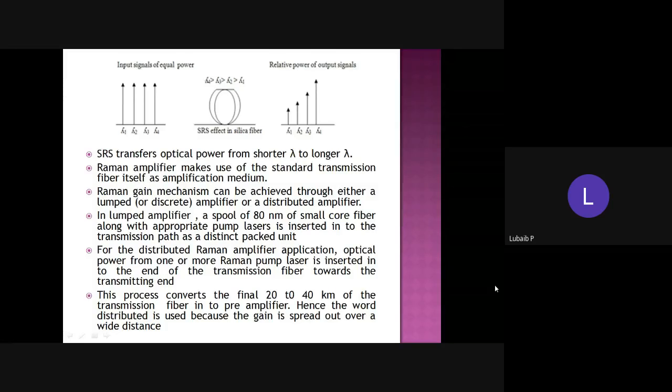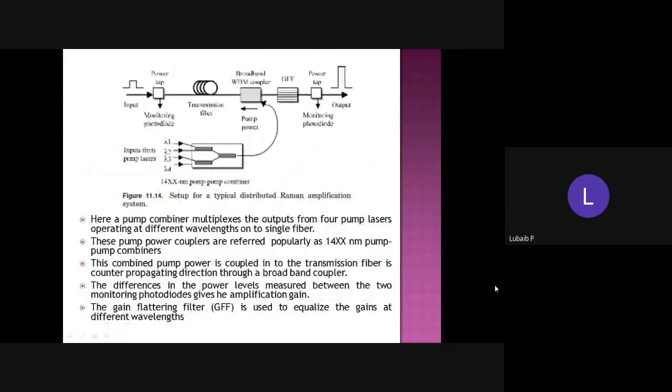So you can see the setup for a typical distributed Raman amplifier system. In the figure, you can see that a pump combiner multiplexes the output from four pump lasers operating at different wavelengths, lambda 1, lambda 2, lambda 3, lambda 4, onto a single fiber.